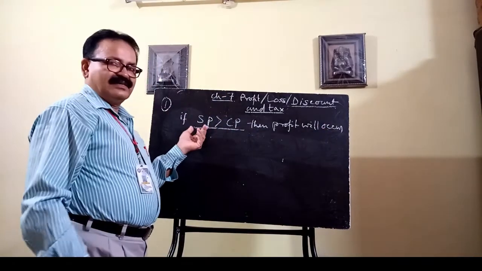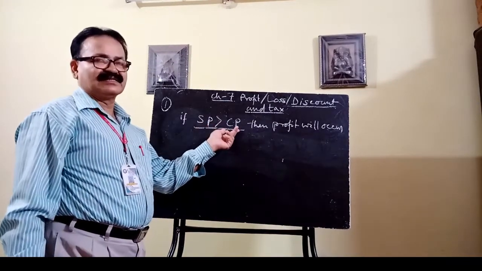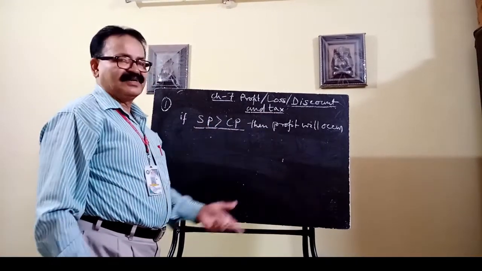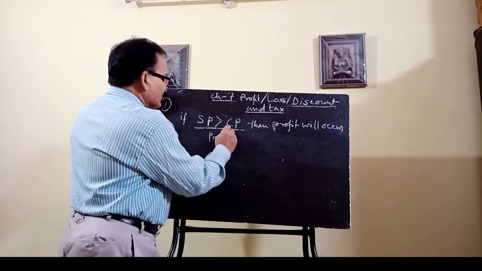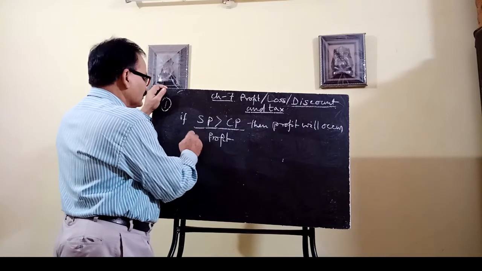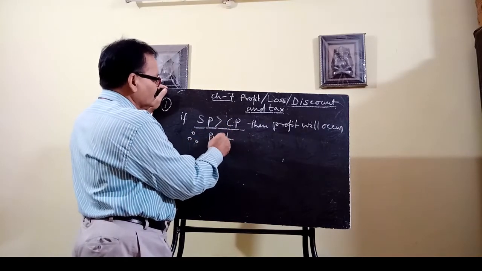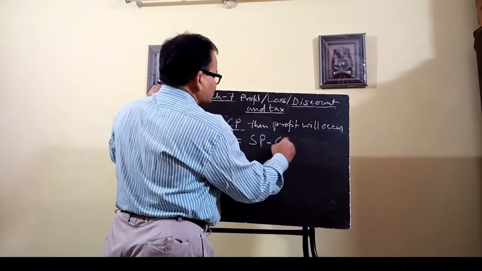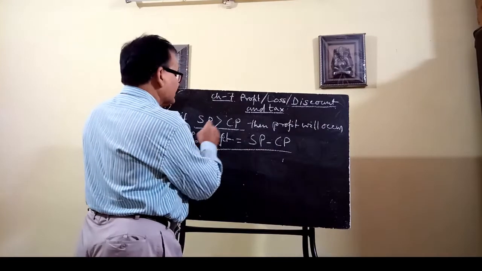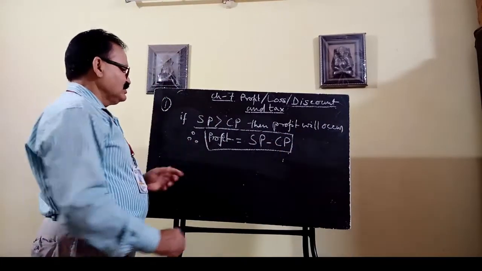So the selling price must be greater than the cost price, then profit will occur. For finding the profit, you have to subtract SP minus CP, then you will get the profit.